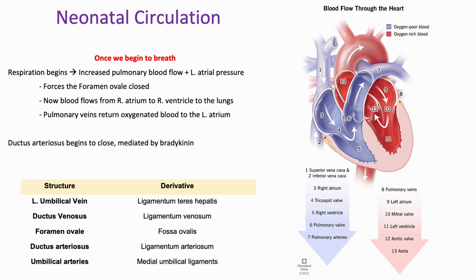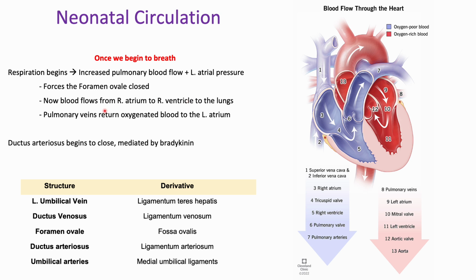Okay, so now we begin to breathe. We get neonatal circulation. What changes? As soon as we start to breathe, that left atrial pressure is going to increase because we get increased pulmonary blood flow going to the lungs. As that left atrial pressure increases, it's going to force the valve of the foramen ovale shut. It forces it to the left, and it's going to close completely, or at least it should close completely.